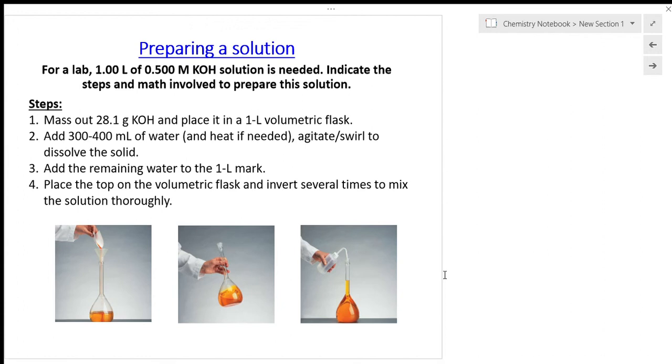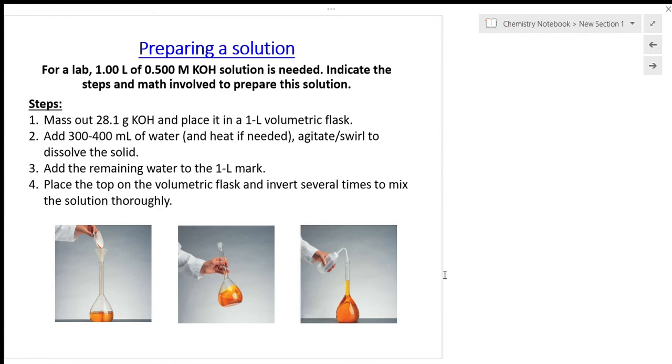This is the step where you would add heat, so you can use a magnetic stir bar on a hot plate that can stir. With the combination of heat and agitation, swirling or mixing it, it should dissolve the solid. If not, you might have to add a little more heat or a little more water to get it to fully dissolve. Just think about the solubility curves when you're doing this.